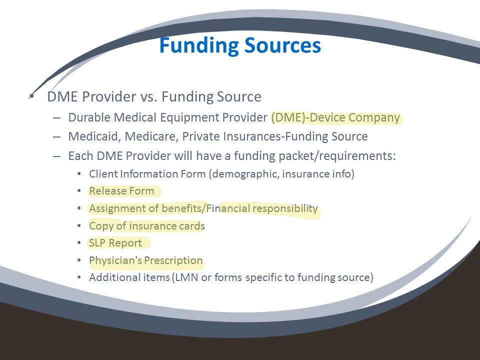This typically is always going to be the physician who wrote or gave you the referral for the AAC evaluation. Okay? So you most of the time can't have a different doctor who did not refer the person sign off on your report and prescription. It needs to be consistent. It needs to be the same physician.